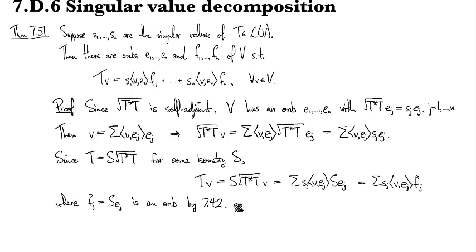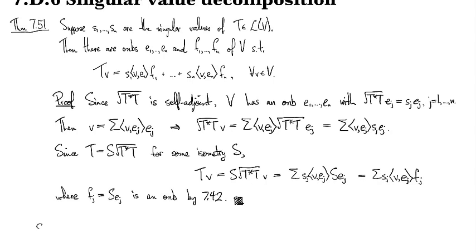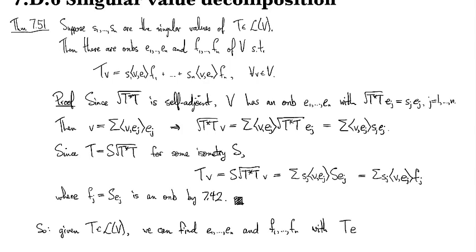Okay. So what's this really saying? What this is telling us is that if we are given a linear operator, we can find an orthonormal basis E1 through En and another orthonormal basis F1 through Fn, such that if you apply T to any element of the orthonormal basis, it's going to get mapped to a scaling of the Fj basis by the corresponding singular values.